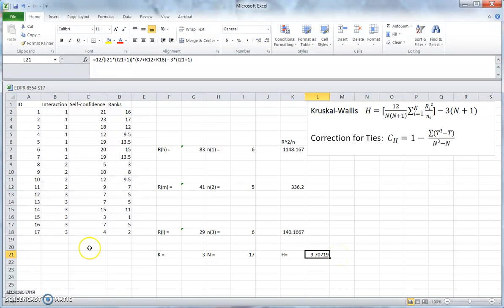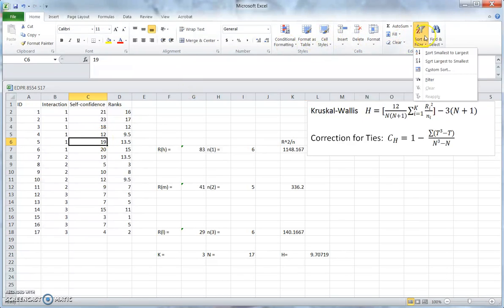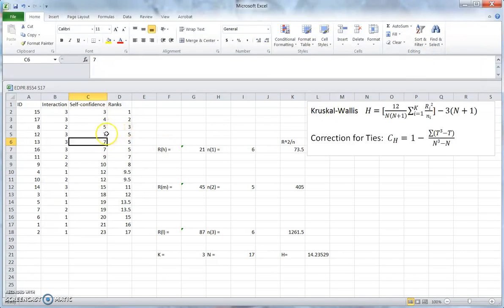9.71. If we didn't have tied scores, this is the H obtained statistic we end up with. But in our case, we actually had tied scores. If you remember before we rank the scores, you see we have one set of ties with 3 values and 2 sets of ties with 2 values in there.